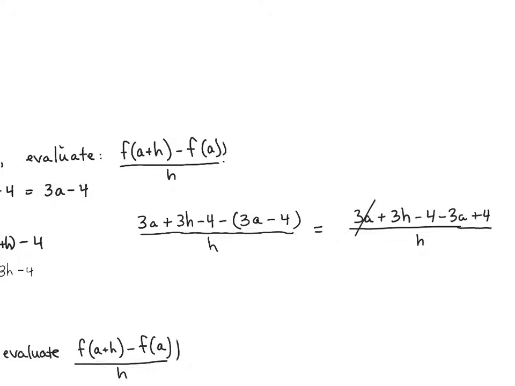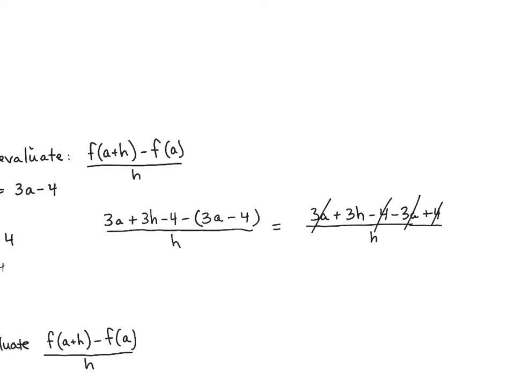What I mean is this doesn't have an h, so it cancels: 3a, negative 4, positive 4. The only terms that should be left in the numerator are terms that have a factor of h. So now we have 3h divided by h. We can cancel that out, and we get an answer of 3, which we anticipated.